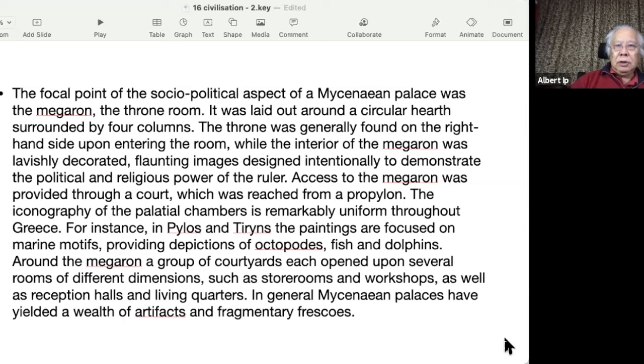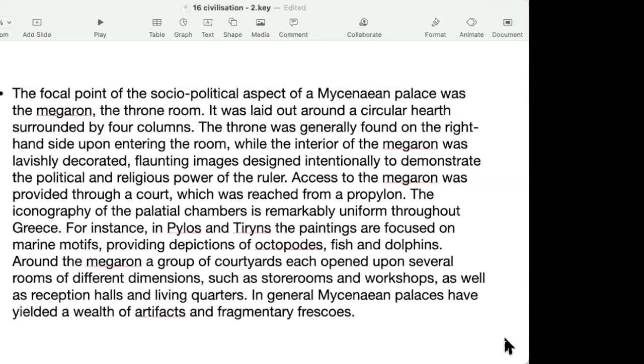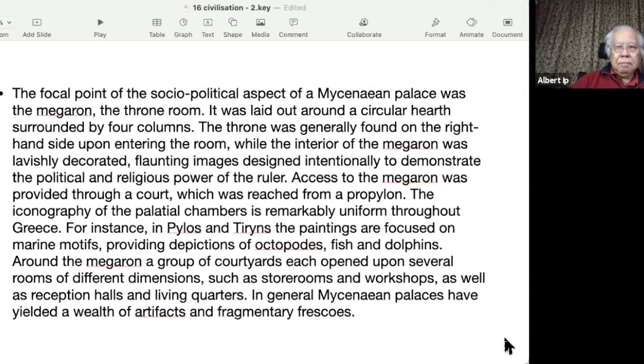The throne was generally found on the right-hand side upon entering the room, while the interior of the Megaron was lavishly decorated, with frescoes designed intentionally to demonstrate the political and religious power of the ruler. Access to the Megaron was provided through a court, which was reached from a propylon.